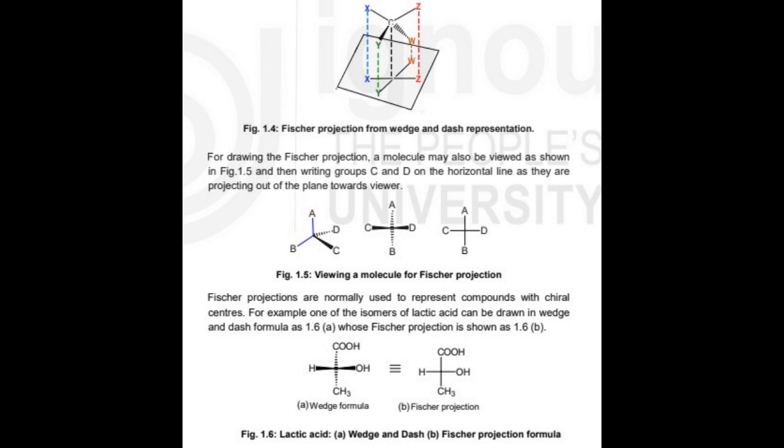For example, one of the isomers of lactic acid can be drawn in wedge and dash formula as 1.6, A, whose Fischer projection is shown as 1.6, B. Fig. 1.6, lactic acid, A, wedge and dash, B, Fischer projection formula. We can actually draw many Fischer projections for any stereoisomer because it depends upon the direction of viewing the molecule.